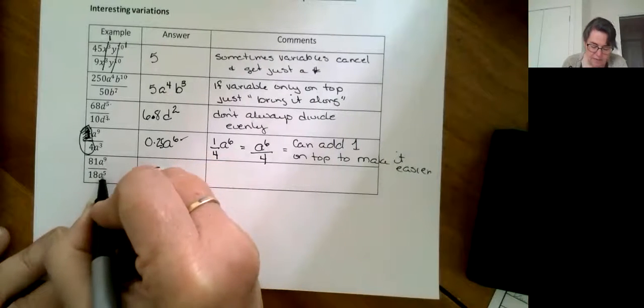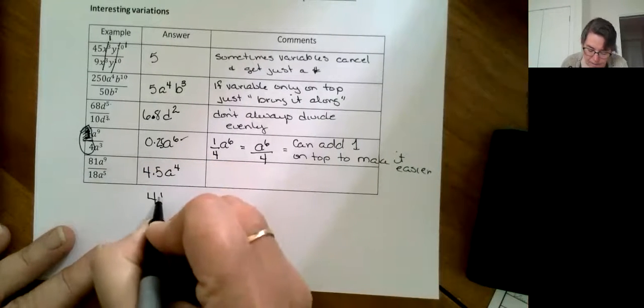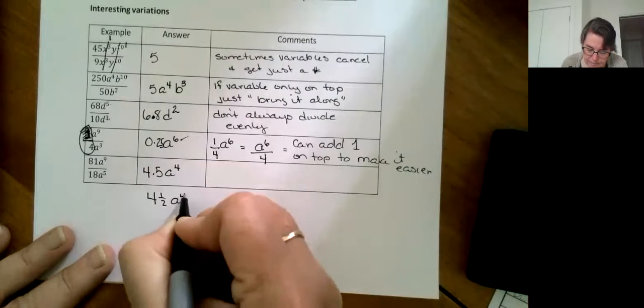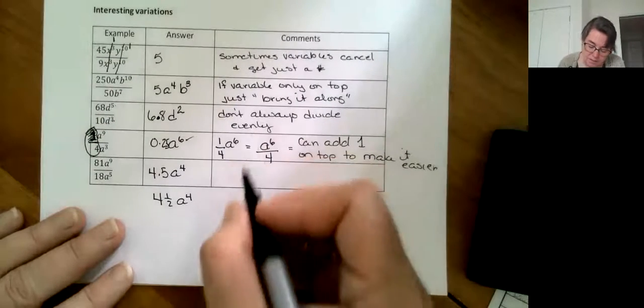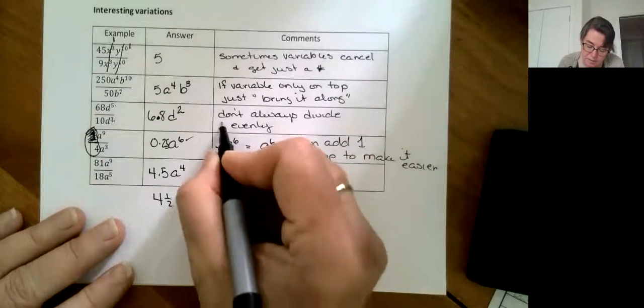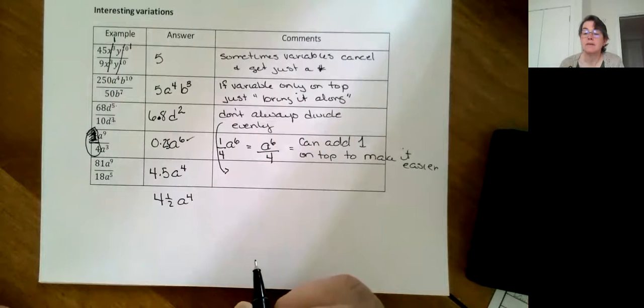And then a to the 9 divided by a to the 5 is a to the 4. Whatever works, it doesn't matter. The comment here is the same as that one. It doesn't always divide evenly, and that's okay.